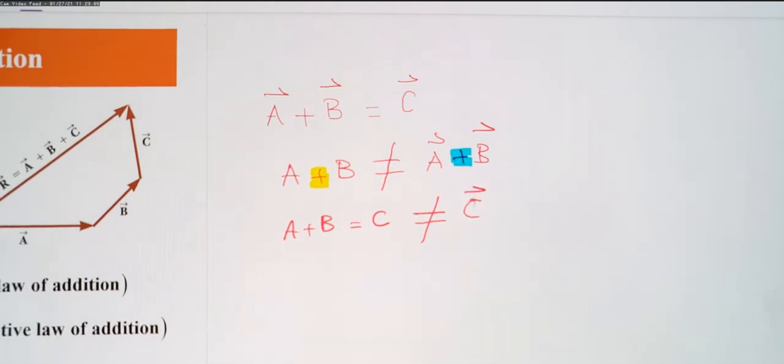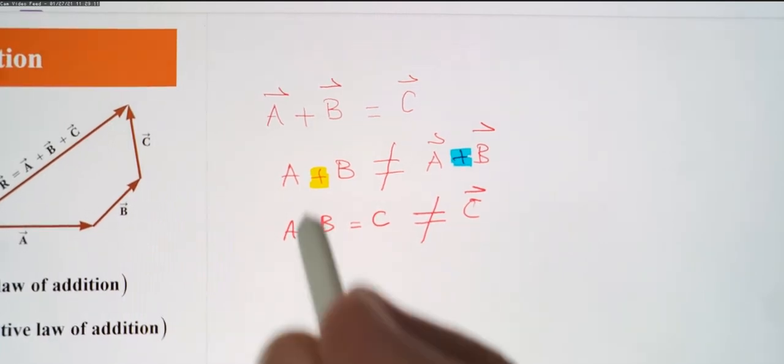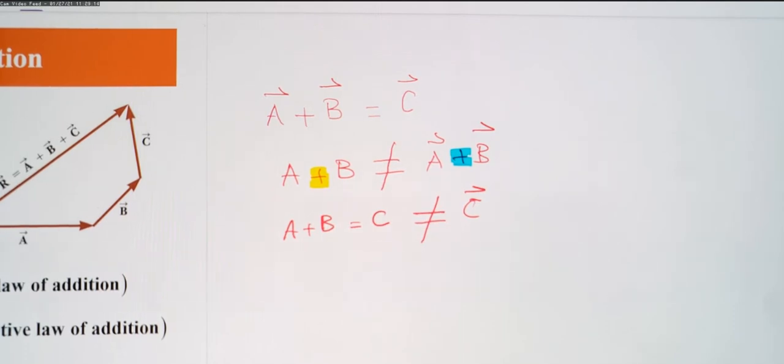Okay. You need to understand that. So when I write a plus, that's not the plus in the calculator. This plus is more like an operator that operates on vectors.